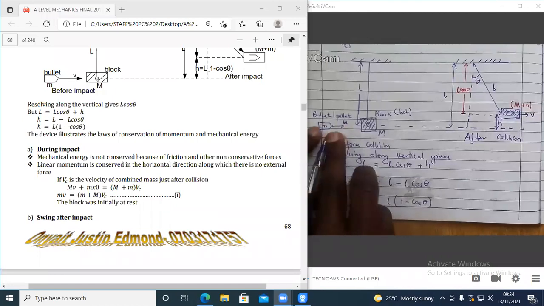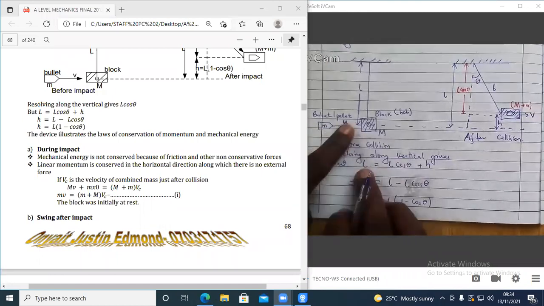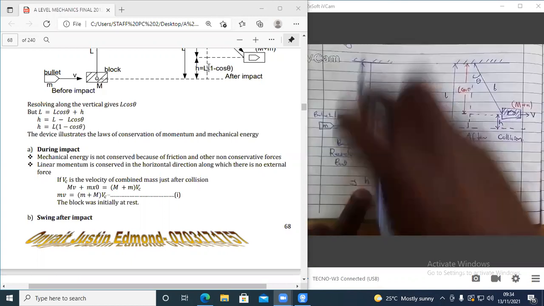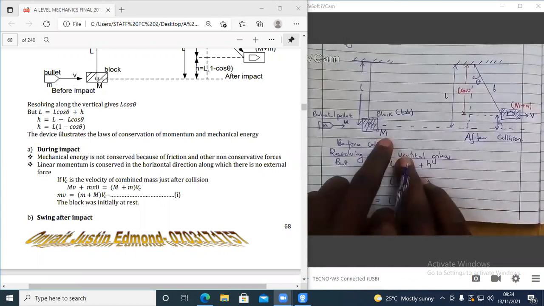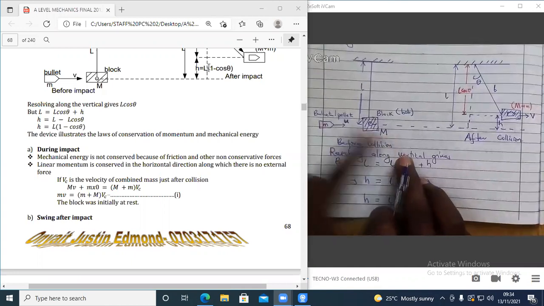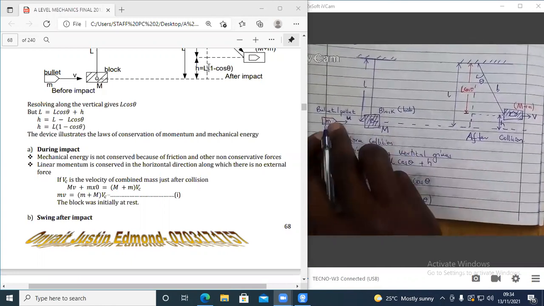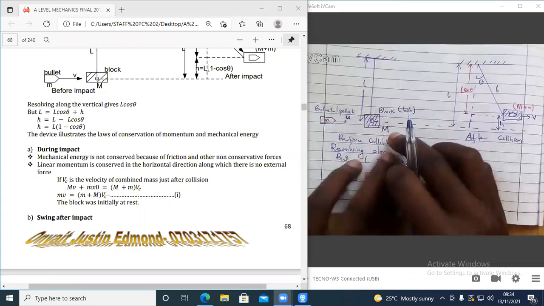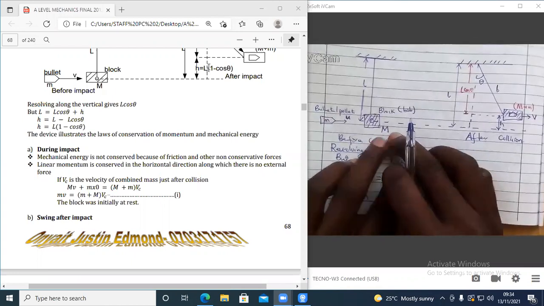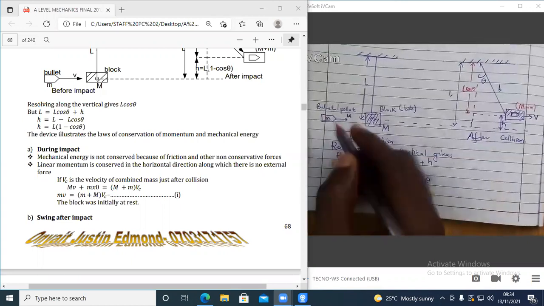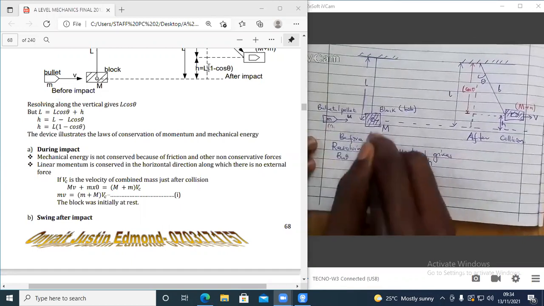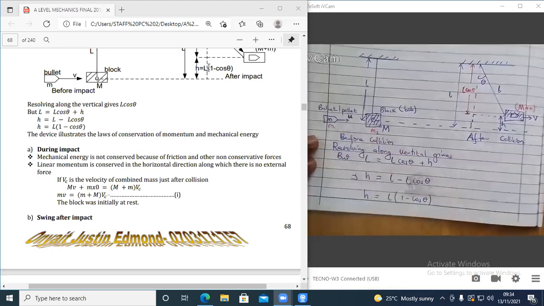You fire the gun and the bullet moves with an initial velocity u. The block is at rest, just suspended here, and we let its mass be capital M, so that we separate them. You can make the bullet's mass M1 and the block M2. There's no problem with that.